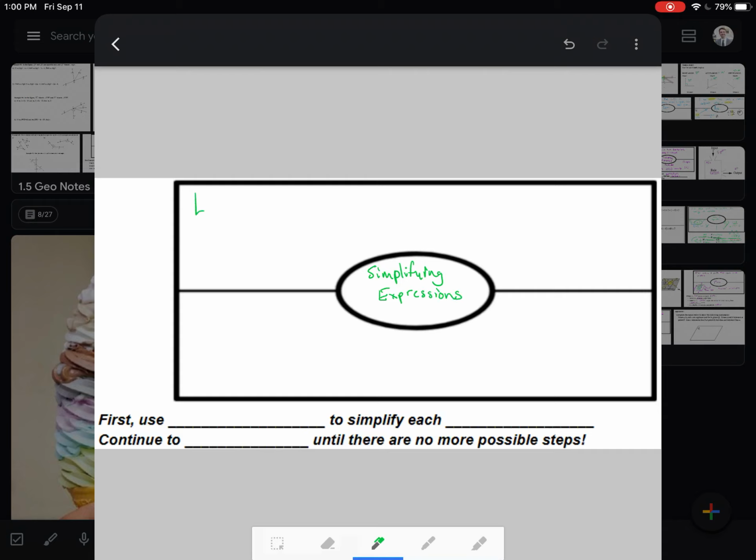And we define this as evaluating an expression until it's in its most reduced form. That's just a fancy way of saying we take something that's big and complicated and try to make it simplified and small.